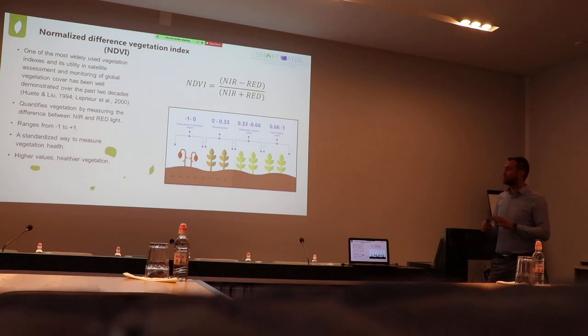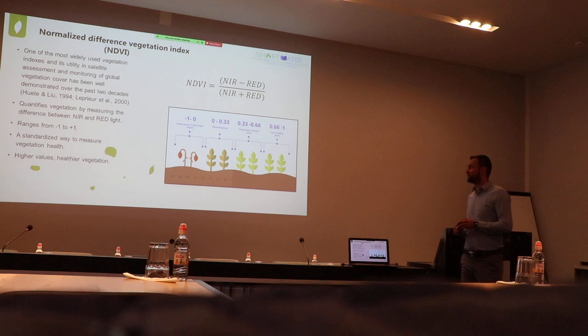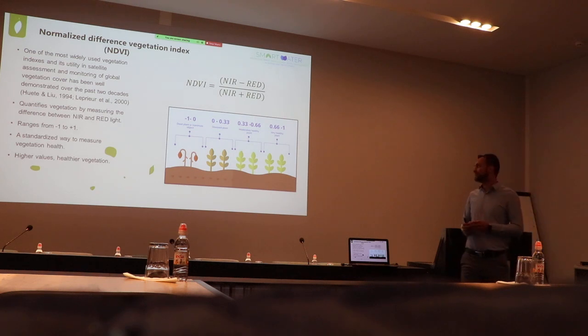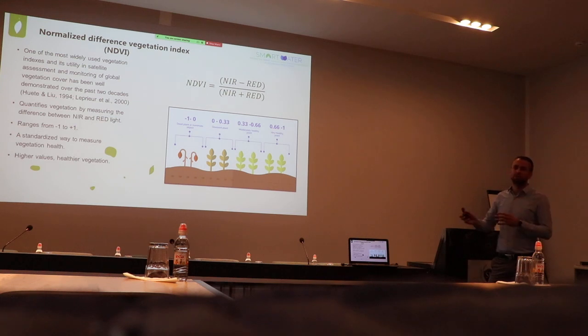This index is the most widely used vegetation index for agriculture. It quantifies vegetation by measuring the difference between near-infrared and red bands. So it ranges from -1 to +1, and it's a standardized way to measure vegetation health.